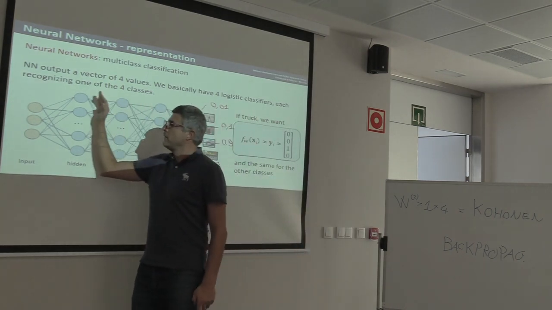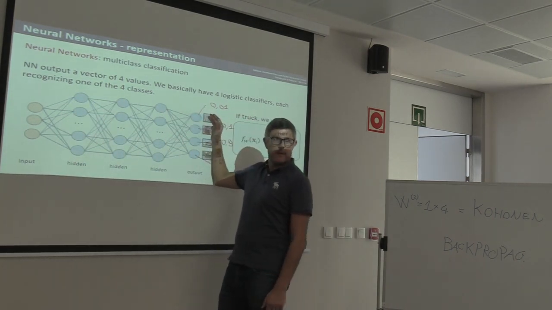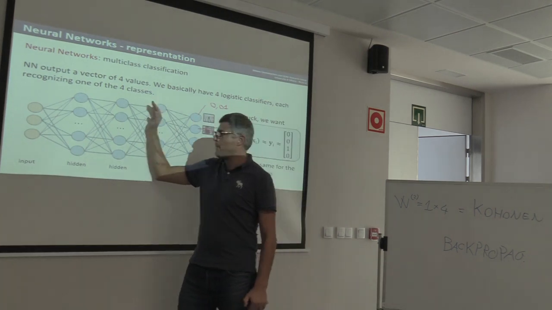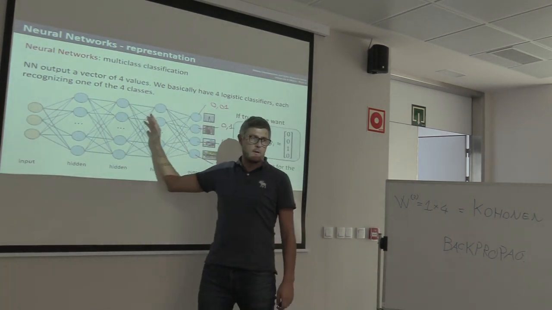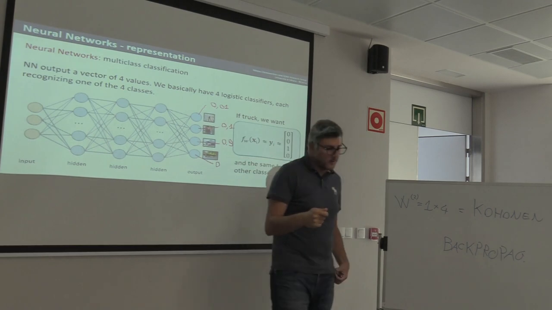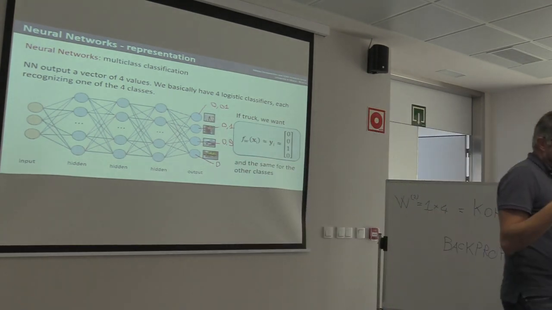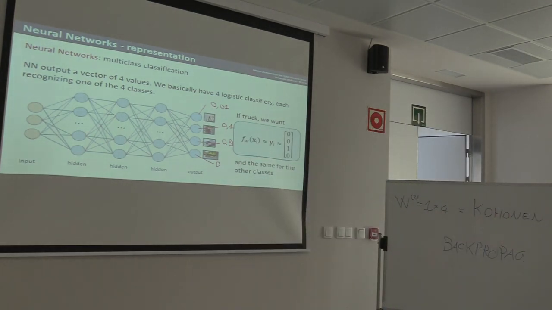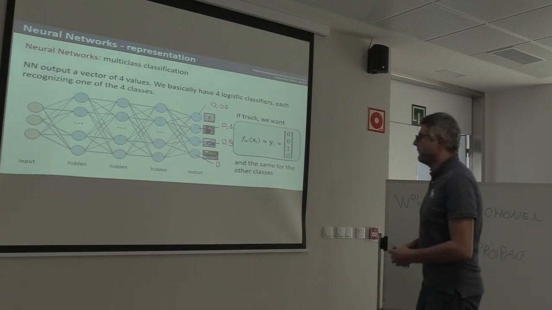Then you do a forward propagation again, forward and back, and in this way you update the weights. So there is an iterative process which updates the weights in this way.